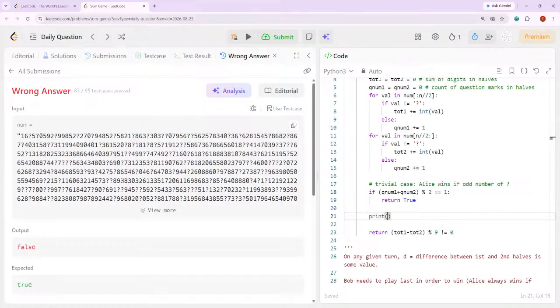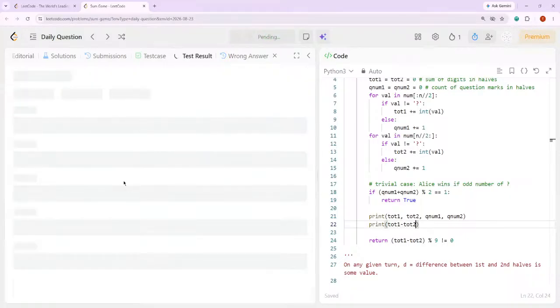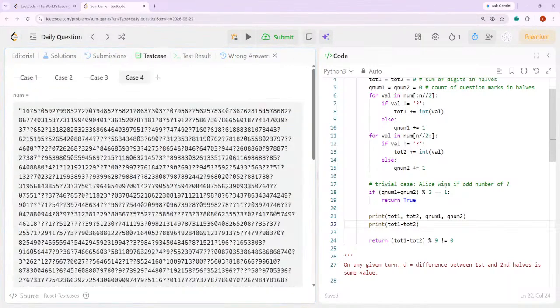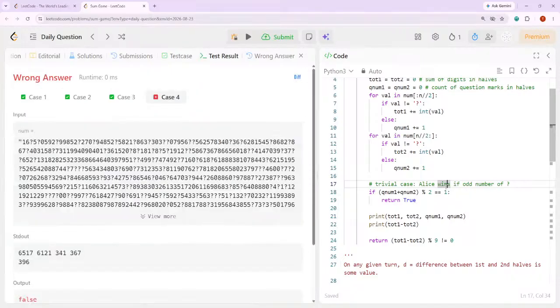Okay. Let's print out the total 1, total 2, unum 1, unum 2. Print the difference. Oh, I need to do the test case. Three nine six.